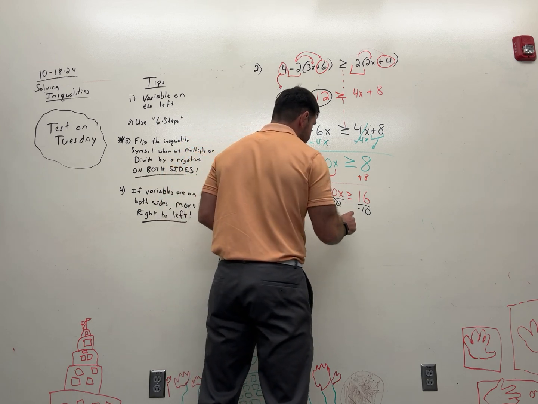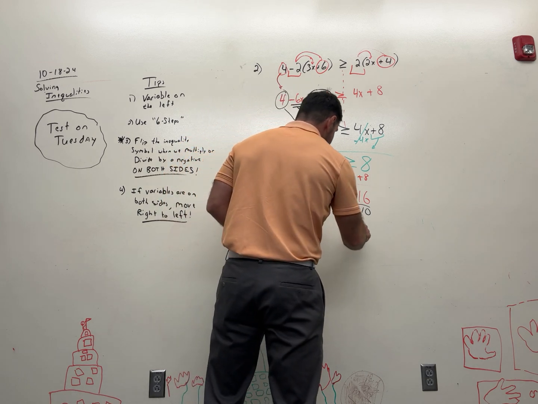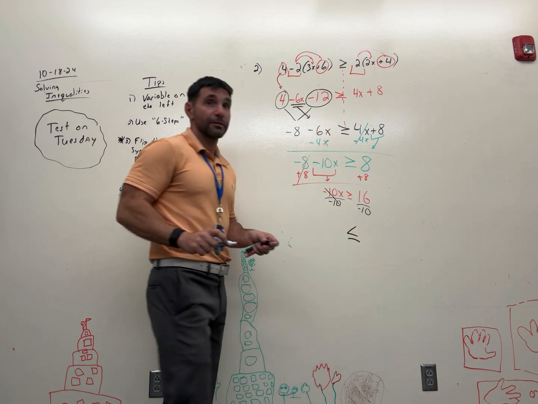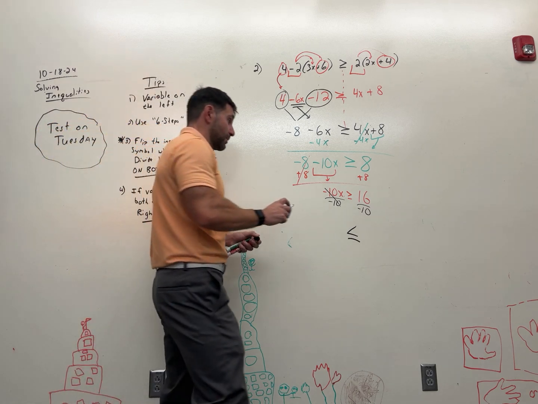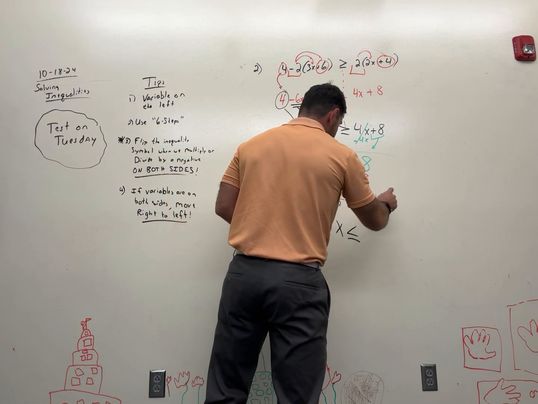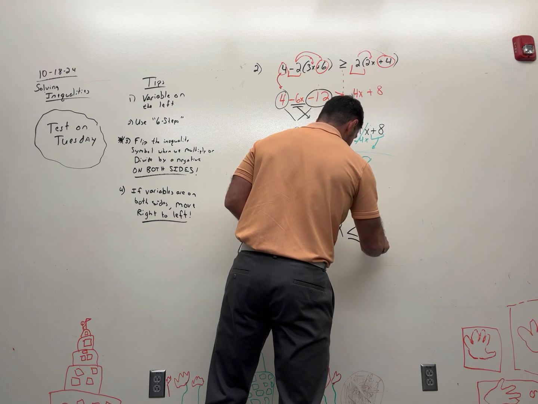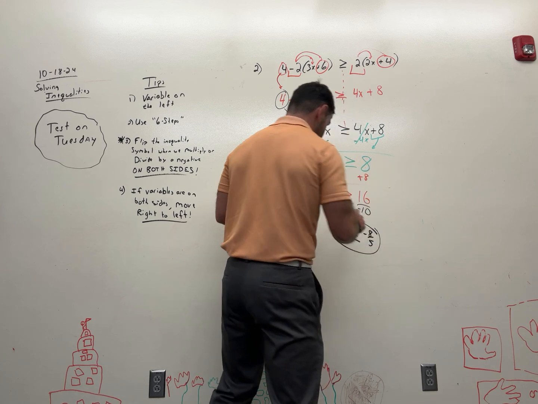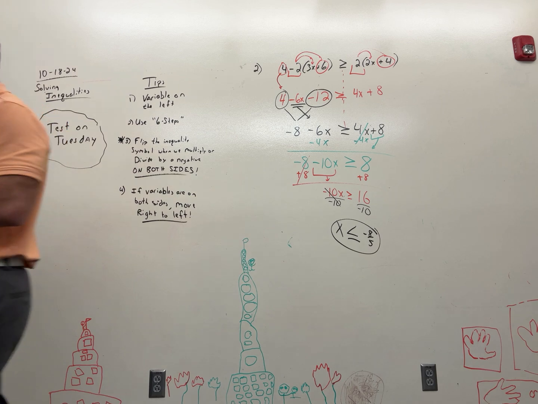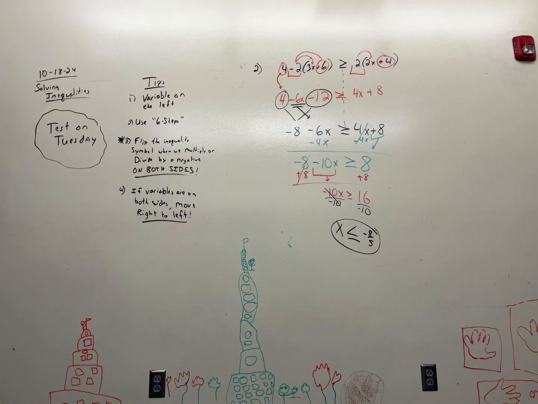Divide both sides by -10. We're dividing both sides by a negative, so flip the inequality. That gives me x is less than or equal to, divide both by 2, -8 fifths. Is that -1.6? Yes. How do you get -8?